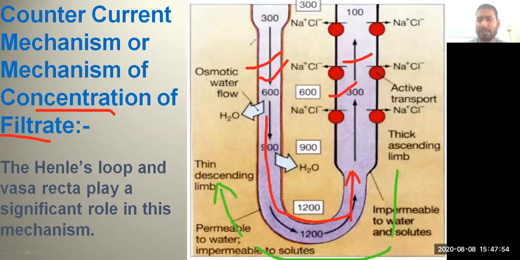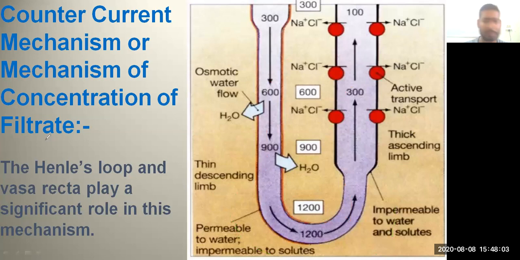Because this counter current mechanism is involved in the formation of concentrated urine. The loop of Henle and the Vasa recta both play a significant role in this mechanism.